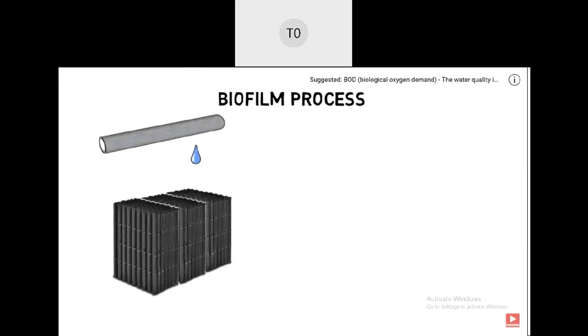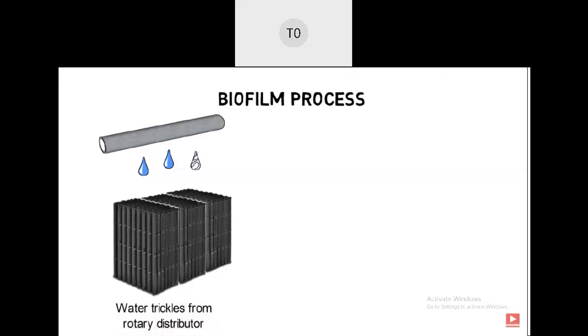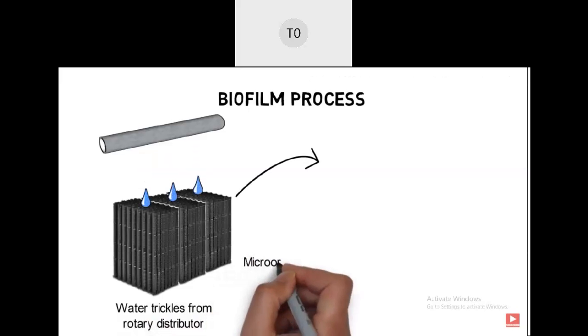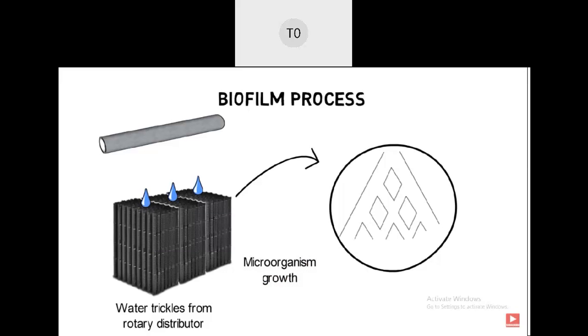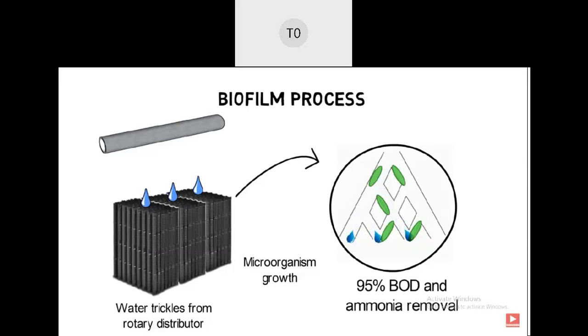Microorganisms on the film media surface work on the removal of soluble organic matter from the settled sewage that is sprayed over the bed surface through a rotary distributor and is treated as it trickles through the fixed bed, navigating through layers of microorganisms. The layers remove pollutants by both adsorption and absorption, removing species like nitrite, nitrate, and others. Removal rates can reach up to 95%.